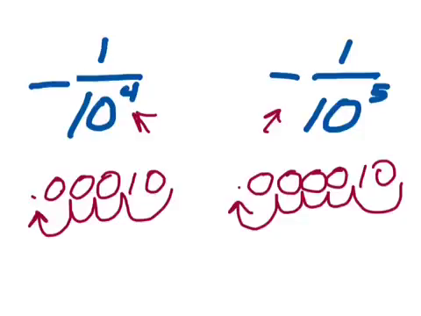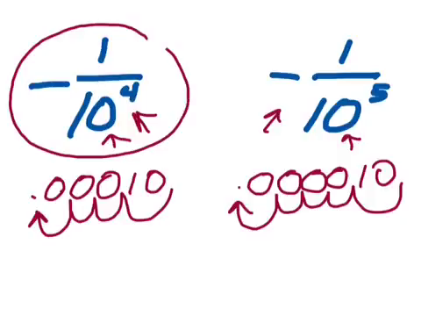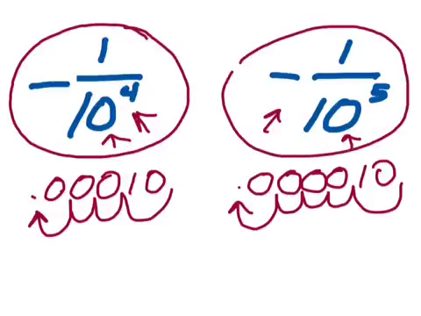I'm not sure I've got the number of zeros exactly correct, but I do know for a fact that this one has one more preceding zero than this one. It doesn't change the outcome. And the outcome is that negative 1 over 10 to the fourth power has a larger absolute value than negative 1 over 10 to the fifth power.